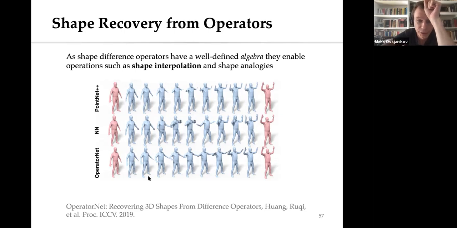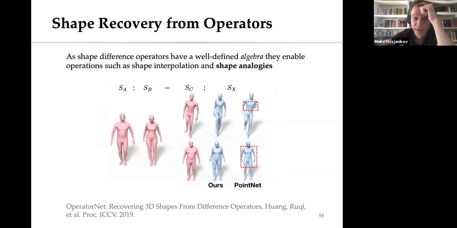Instead, with this operator net approach, because we have a well-defined algebra on these shape difference operators, we can synthesize intermediate shape difference operators, and this allows us to do shape interpolation very accurately without this kind of distortion. Also, we can do shape analogies.